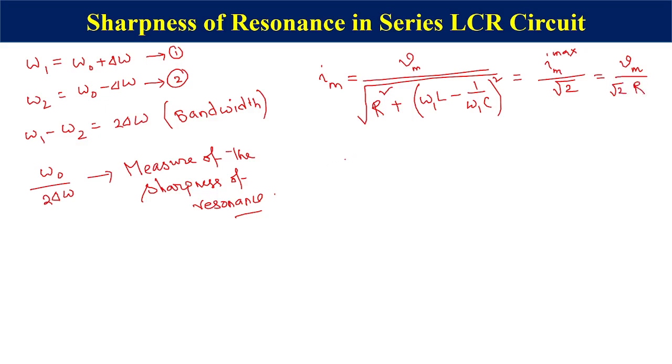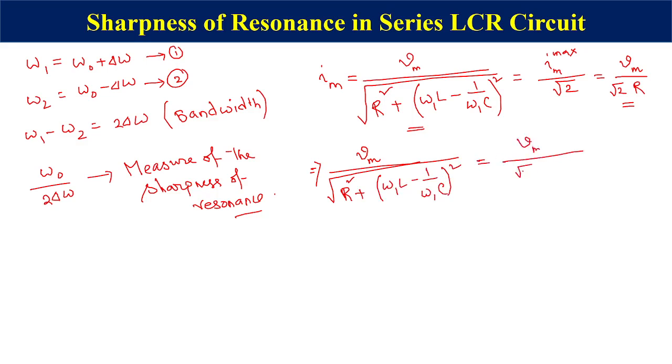All right, so basically what I am going to do, I am going to equate between this and this. Vm divided by square root of R square plus (omega 1 L minus 1 upon omega 1 C) whole square, that's equal to Vm divided by root 2 into R. Vm gets cancelled.